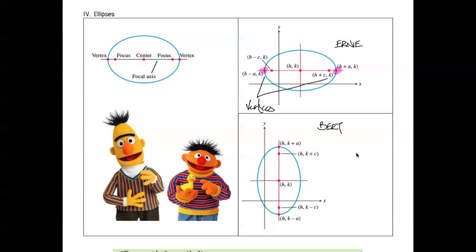That's it. All right, what about Burt? The Burt ellipses, where are the vertices there? Up and down. Up and down, right? So they're not Burt's ears like they are Ernie's ears. In fact, maybe they're more like his tuft of hair at the top and his chin, right? But the defining characteristic is that they are further away from the center. That's it.